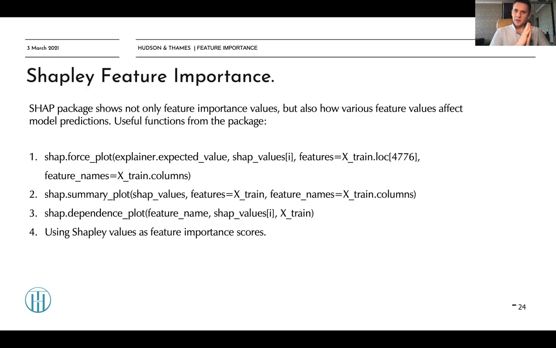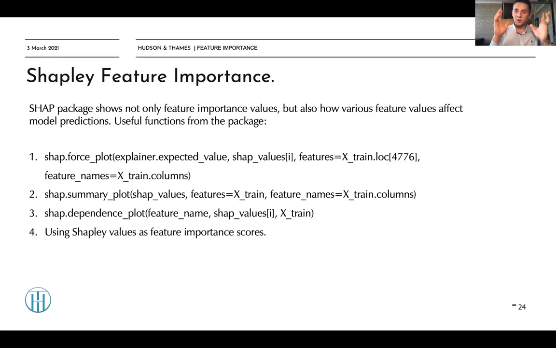The second is the so-called summary plot, and it shows how various feature values change the prediction of our model. The next one is a dependence plot, and what it does is plot on the XY axes the values of your features versus the predictions of your model, to build the plots and figures of your predictions versus the feature values.